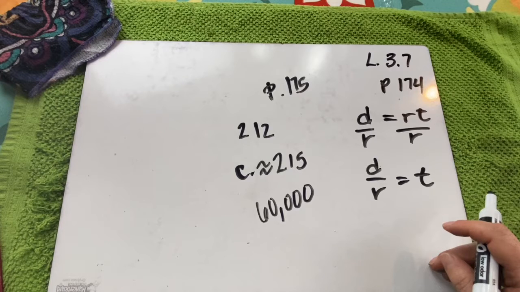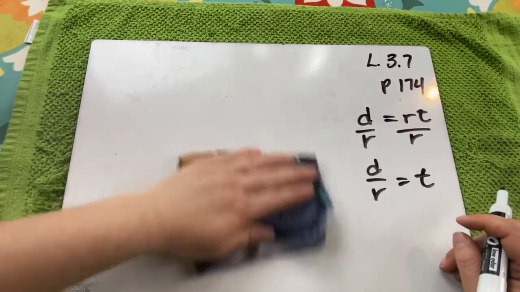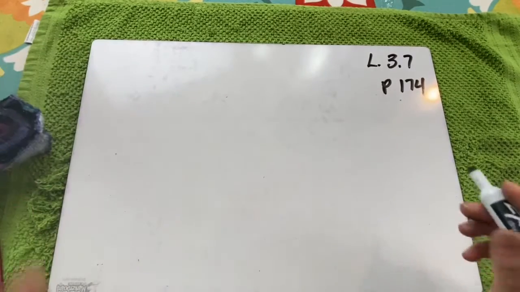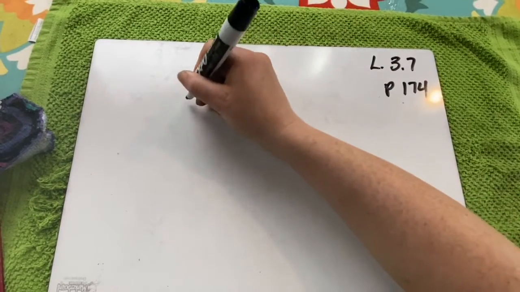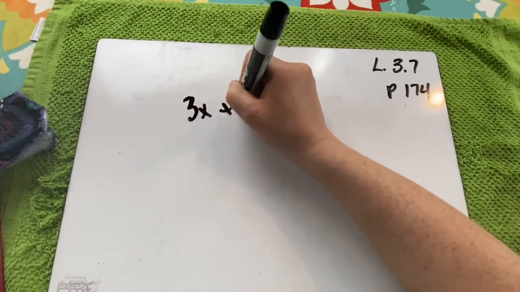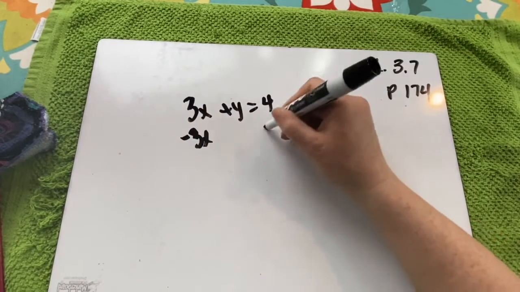Rewriting equations so that y is alone, those are easy. The second part of this is to just rewrite equations so it's y equals. So they have 3x plus y equals 4. You're going to minus 3x, minus 3x.